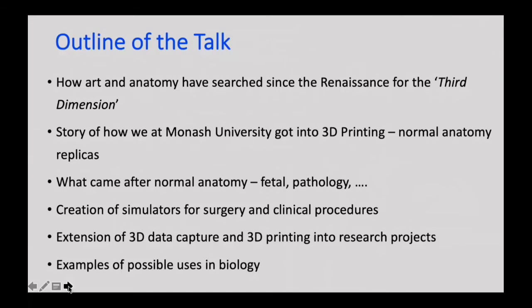Then I'll talk about how at Monash University we got into 3D printing for normal anatomy replicas. Then I'll tell the story about how after normal anatomy we did some other things like fetal and pathological things. Then some examples of projects we've been involved in that link up with surgical and clinical practice. And then I'll show you examples of how I think it could be used in general biology.